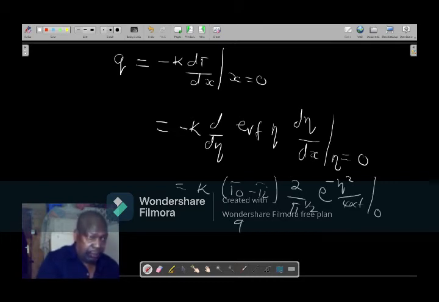And this will give you a result that q is equal to k (T naught minus Ti) divided by (pi alpha t) all to the power of a half, because when t equals 0 this becomes infinity, and e raised to the power of minus infinity becomes 0.